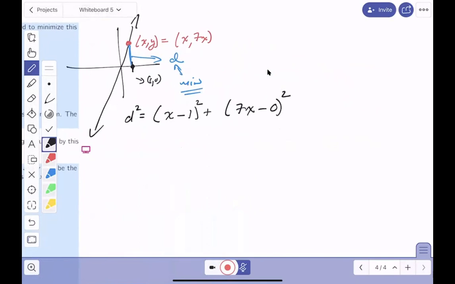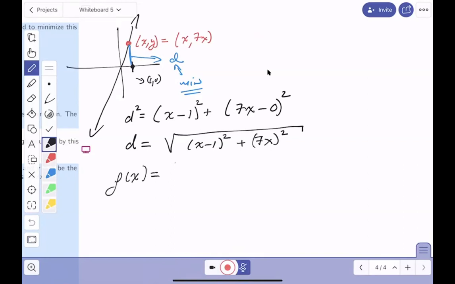Now, distance squared, distance would equal the root of this. Well, let's write this down. (x minus 1) squared plus (7x) squared. This is a function of x now. I'm going to write this over here a little differently.